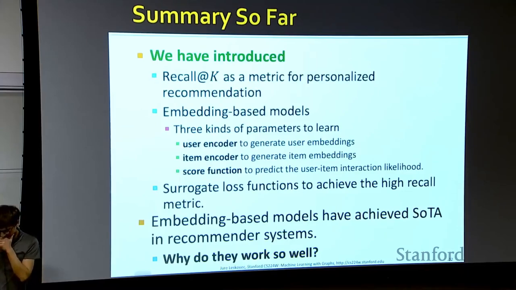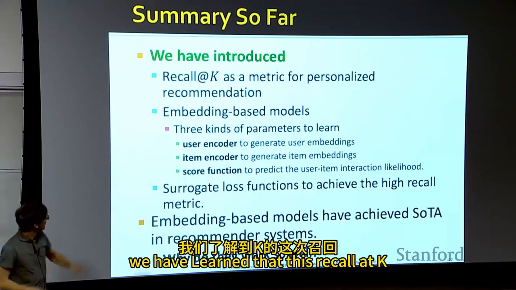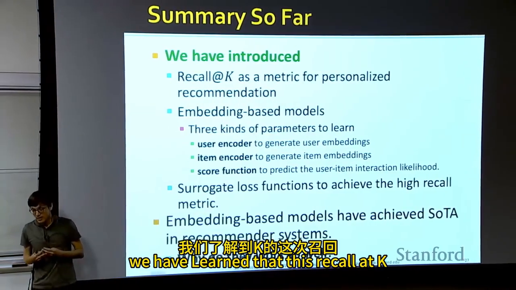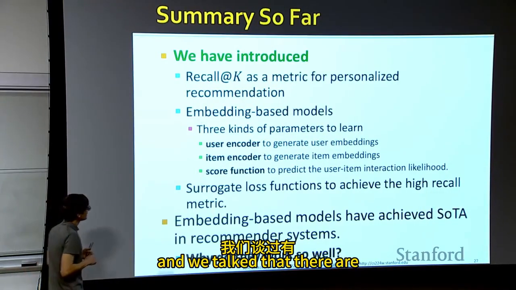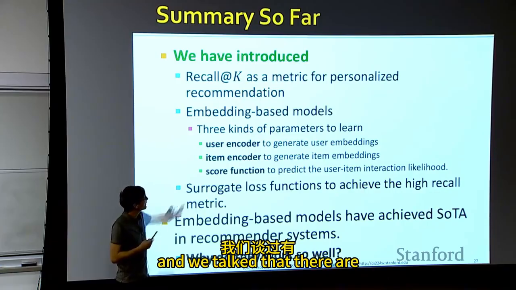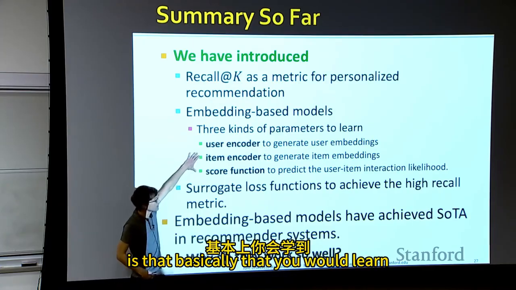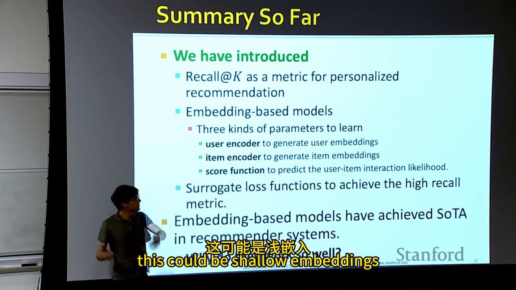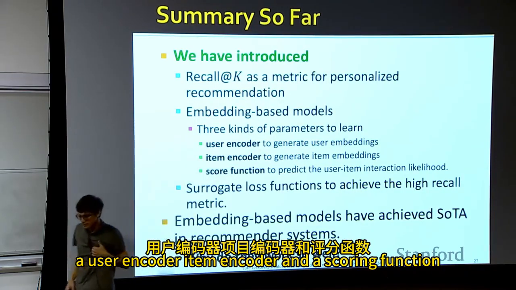That's the idea. So let me summarize what we have learned so far. We have learned that recall at K is a metric for personalized recommendation. And we talked about how you could build a recommender system by learning three types of parameters. This could be shallow embeddings, a user encoder, item encoder, and a scoring function.